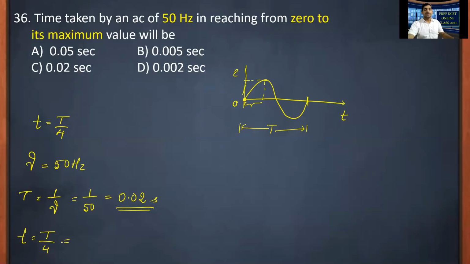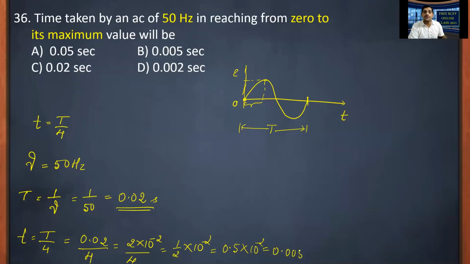So we can write it as 0.02 divided by 4. To simplify easily, write it as 2 into 10 to the power minus 2 divided by 4. Simplifying, that is 1 by 2 into 10 to the power minus 2. 1 by 2 is 0.5, so 0.5 into 10 to the power minus 2. So we can write it as 0.005.